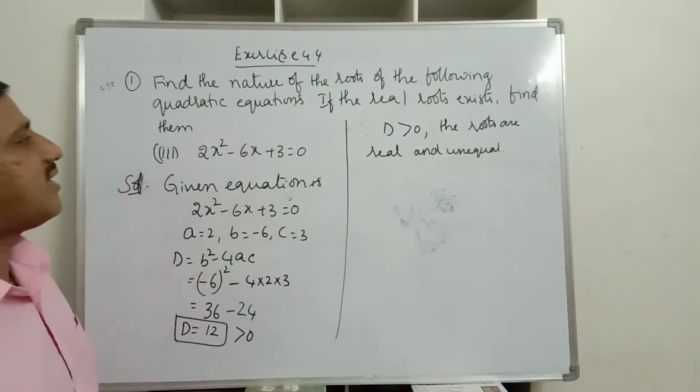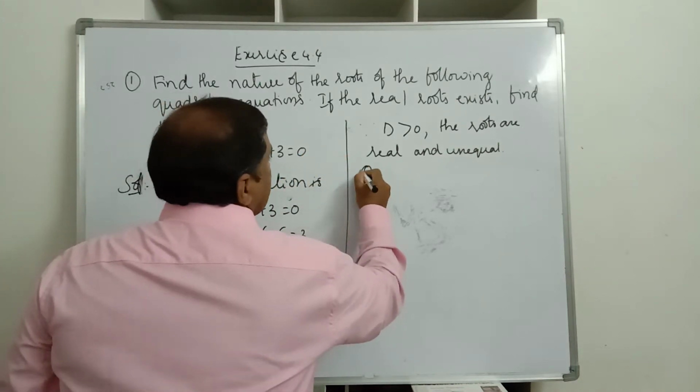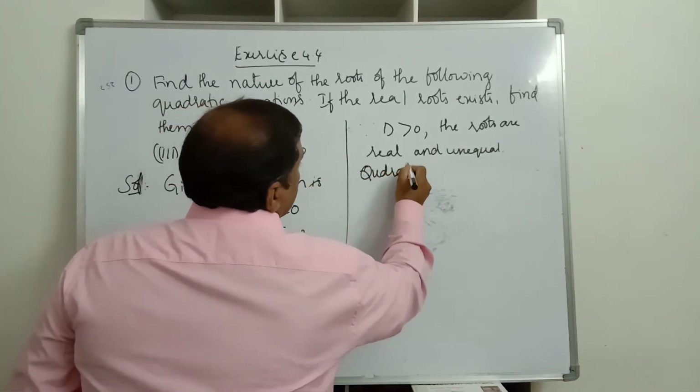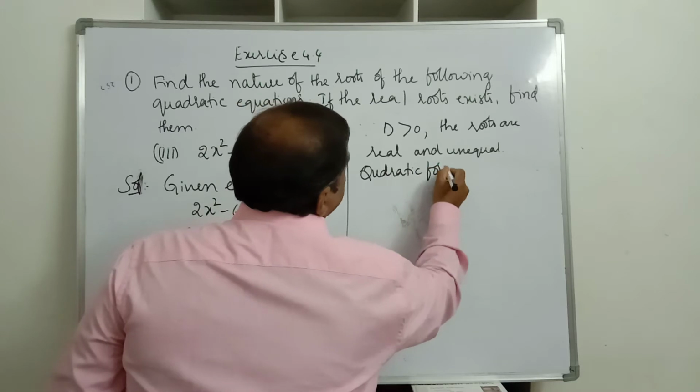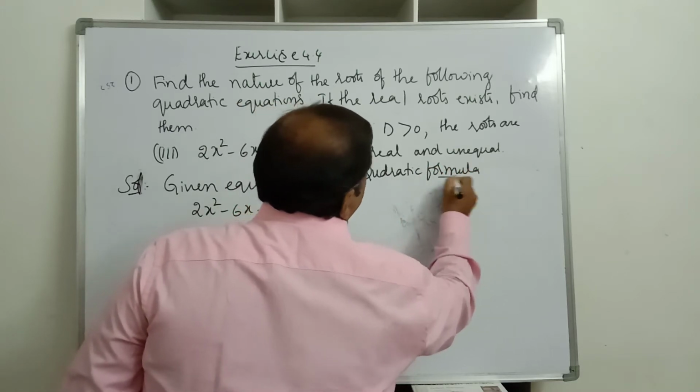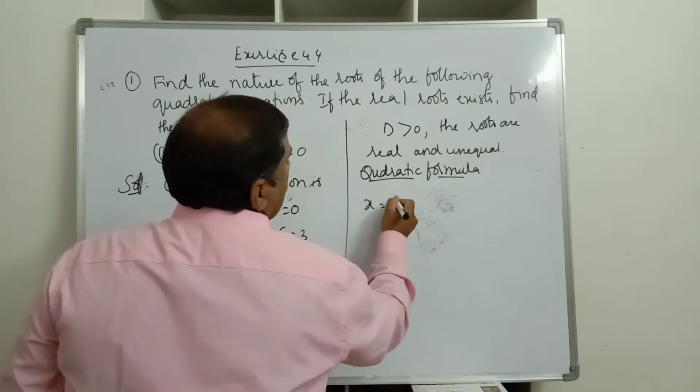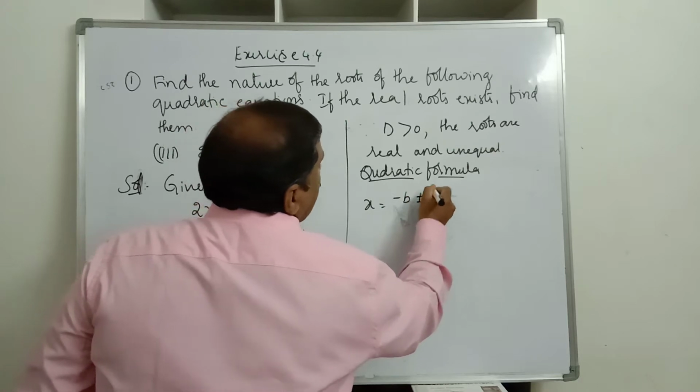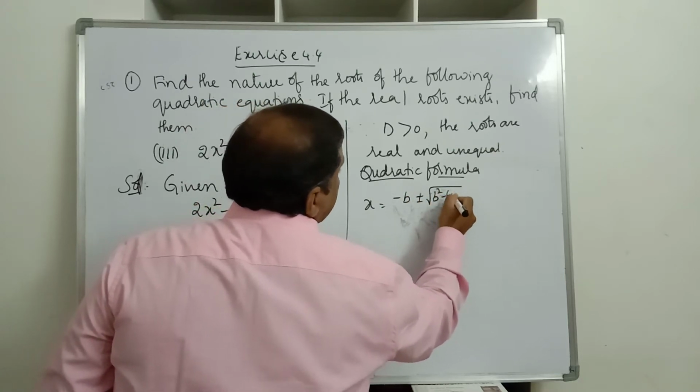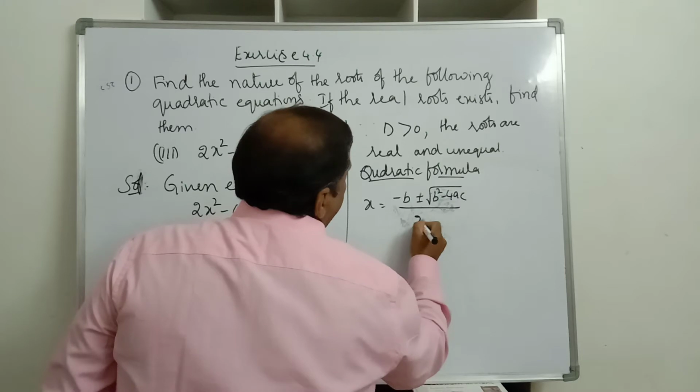Now we need to find the roots by using the quadratic formula. We studied it in the previous class. It is x is equal to minus b plus or minus square root of b square minus 4ac divided by 2a.